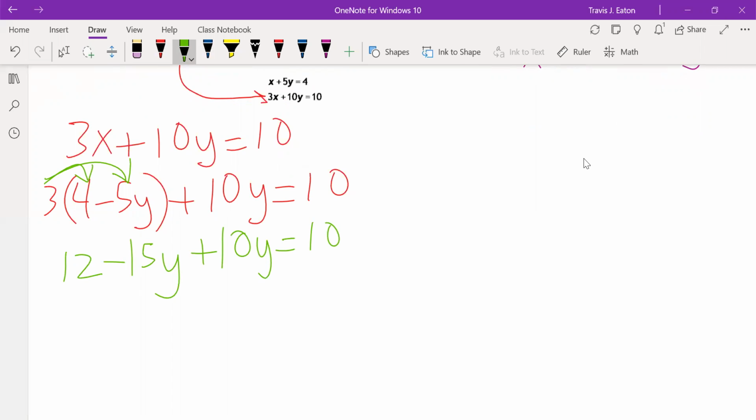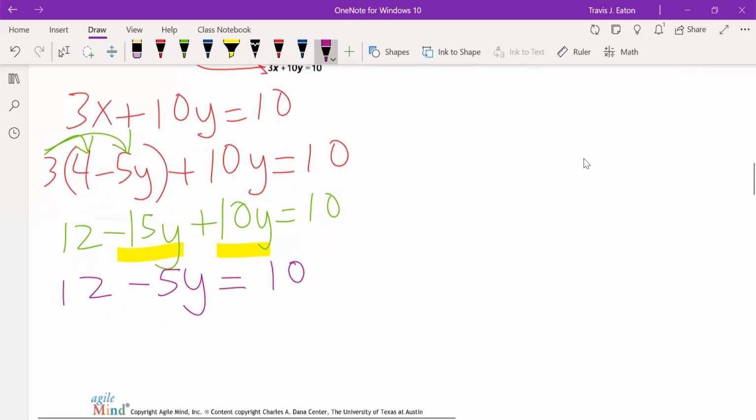Well, now we can combine some like terms. We've got negative 15y and positive 10y. Those are like terms. They can be combined in the next step. So first we'll bring the 12 down, and then negative 15 and positive 10 combine to make negative 5y. And that would equal 10, because we just bring that 10 down.